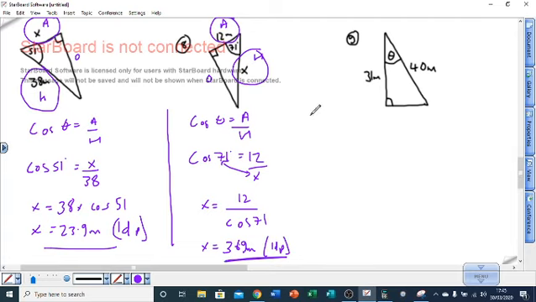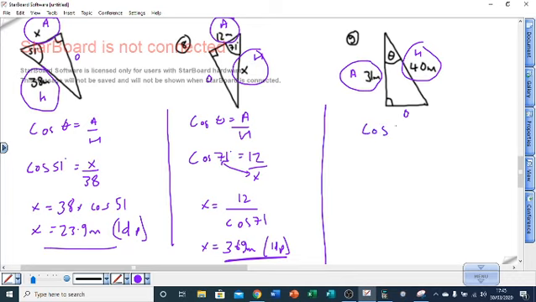Okay, and that brings us to the last one, and again it's trig because there's an angle involved. That's the opposite, that's the hypotenuse, that's the adjacent. Circle the two you know and need, so these two.